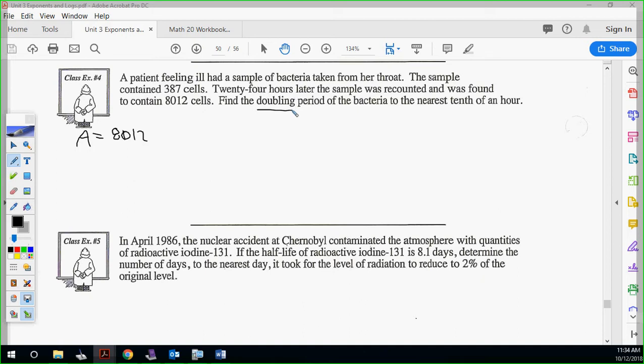We know the starting amount was 387. T is 24 hours because that's how long it took. And P is what we're solving for, the period. We're trying to figure out how often it is doubling.